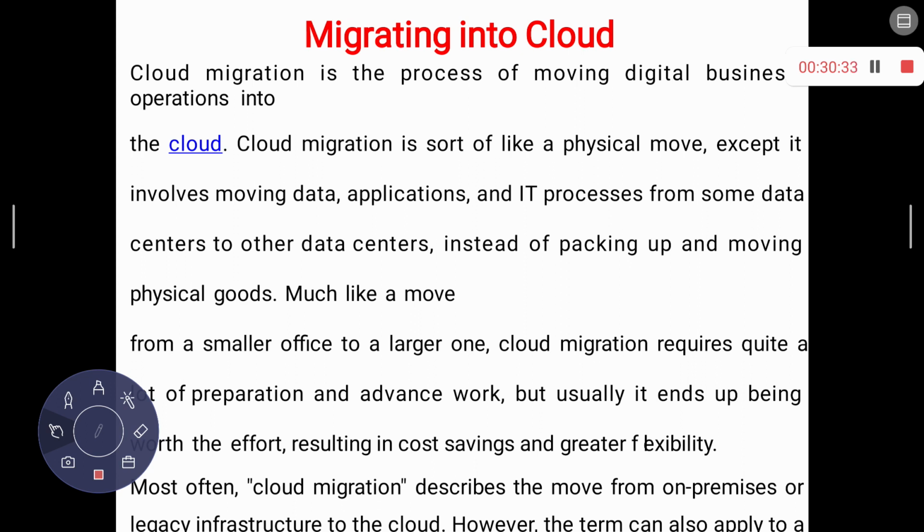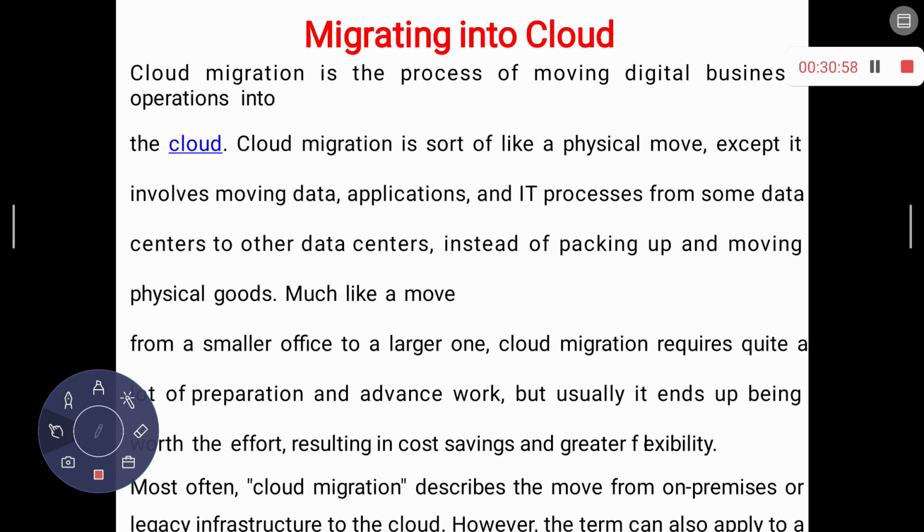We can say it like this. So instead of packing up or moving physical goods, much like from a smaller office to a larger one, cloud migration requires quite some preparation and advanced work, but usually it ends up being worth the effort, resulting in cost saving and greater flexibility.